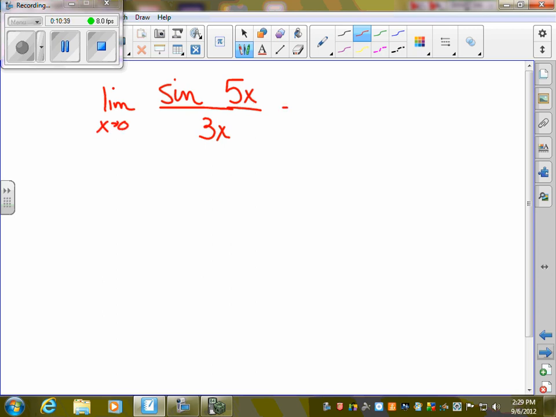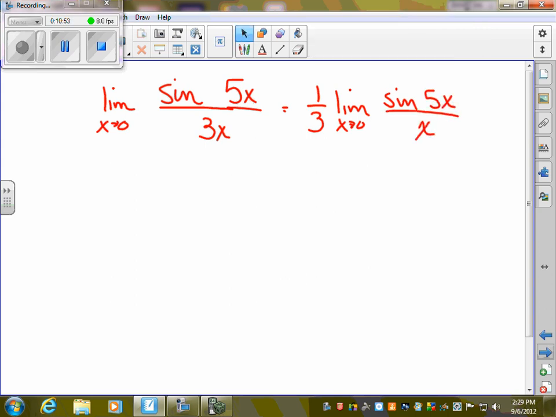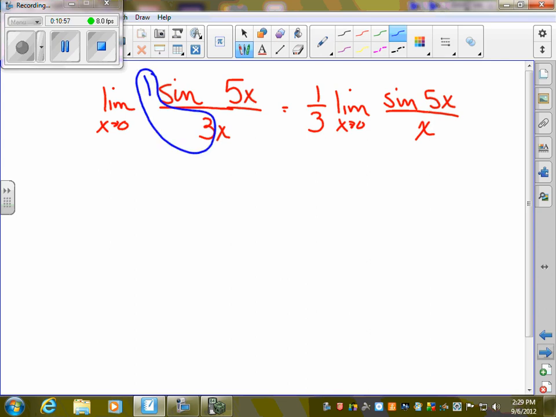Well, the first thing is I could realize that that is 1/3 the limit as x approaches 0 of sine 5x over x. All I'm doing there is taking this and thinking of it as a 1/3 times everything else, and then I can move the 1/3 out to the front.